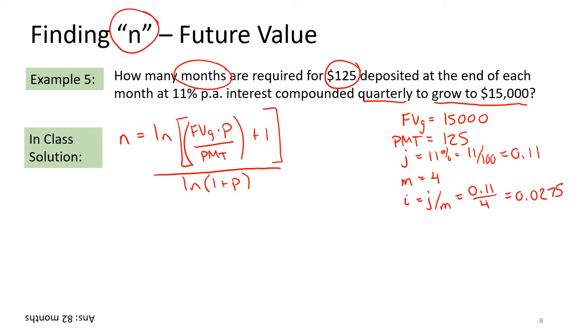Next, we calculate our ratio C, the number of interest periods divided by the number of payment periods. Interest is compounded quarterly, but payments are at the end of each month, so it's 4 divided by 12, which gives you 0.33, a repeating decimal. Now we can calculate our equivalent interest rate P, which is 1 plus our periodic interest rate to the exponent C, minus 1.